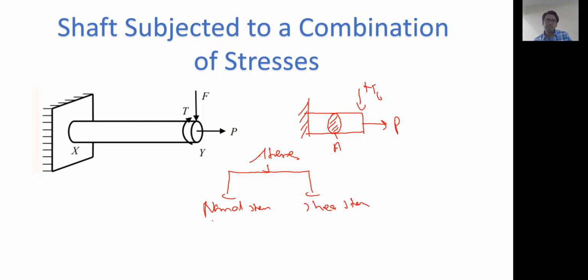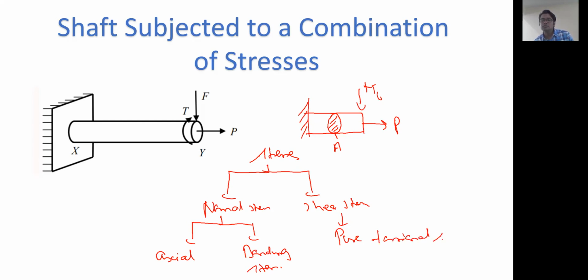In normal stresses, we have two types: axial stresses and bending stresses. And in shear stresses, we have only one type, that is the pure torsional shear stress. Perfect.